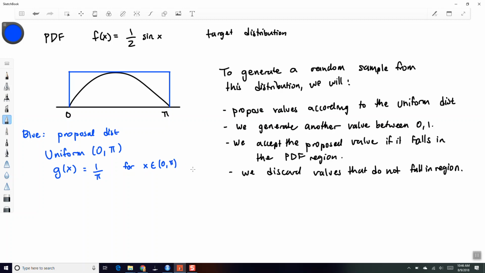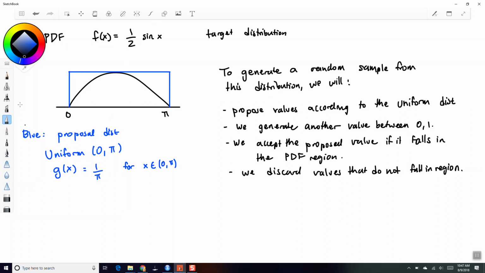But technically there is a mismatch here. What's the maximum value of 1/2 sine x? Sine of x has a max value of 1, so the max value of our PDF is 1 over 2. Meanwhile, the height of g is 1 over pi.